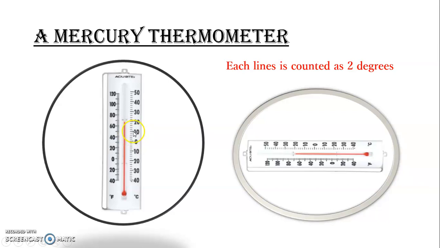Let's continue. 10, 12, 14, 16, 18, and 20. Let's continue. 22, 24, 26, 28, and 30. 32, 34, 36, 38, and 40. 42, 44, 46, 48, and 50. So that is how you read when it comes to mercury thermometer, where each line represents 2 degrees.